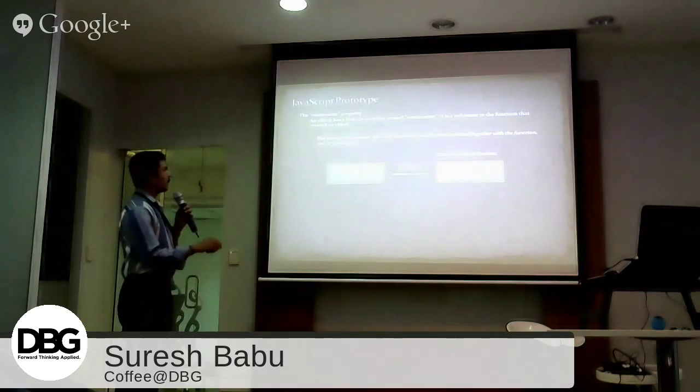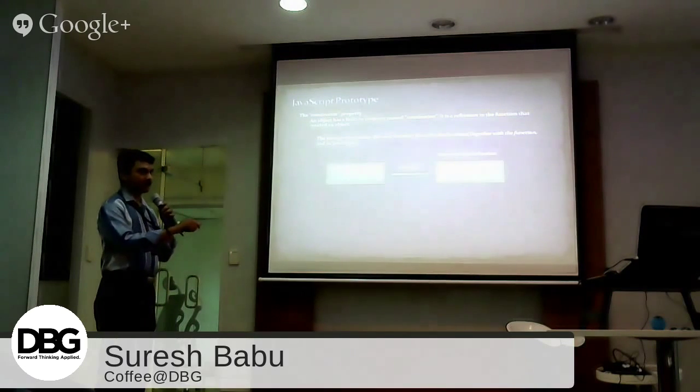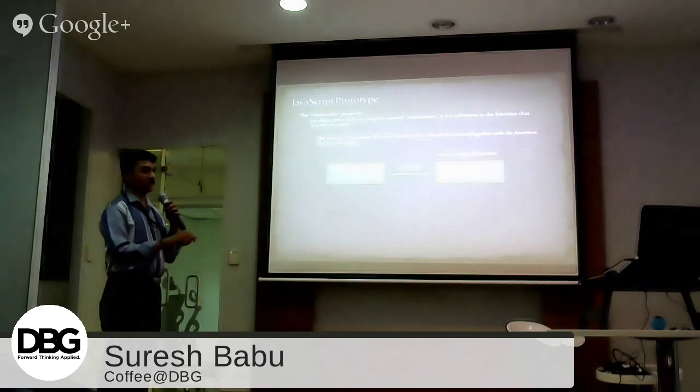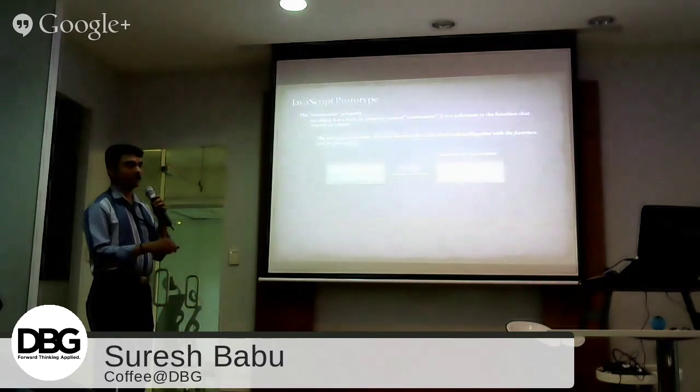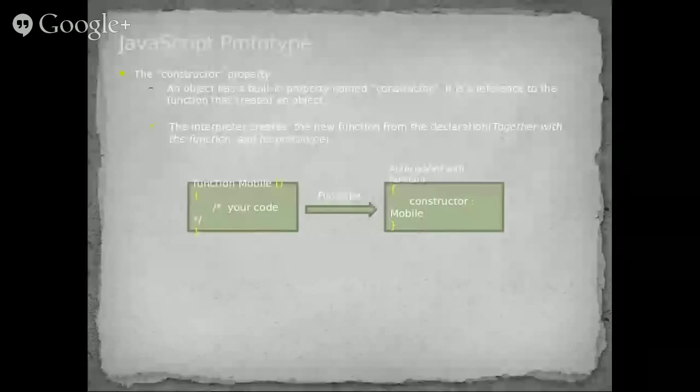When we declare a function like this, internally it will have a prototype, and that prototype is actually an object. It contains a constructor and the prototype of the native object also.